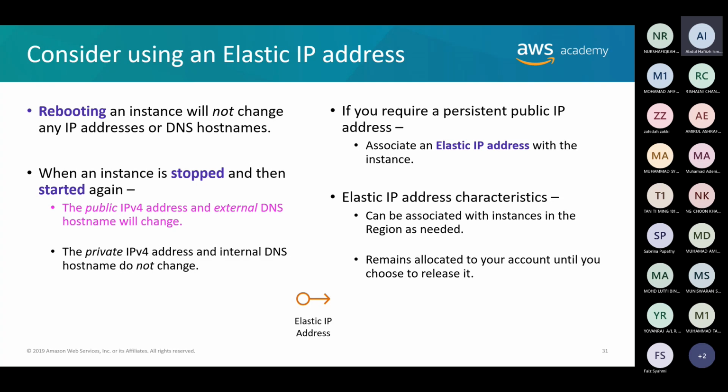So dekat region mana yang kamu letak EC2 kamu tu, kamu cari elastic IP address dan kamu associate that elastic IP address with your EC2 instance. So untuk persistent lah, so kita nak guna that elastic IP address tu untuk reach our website.